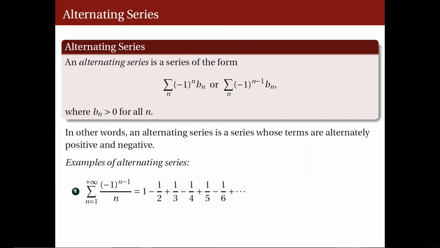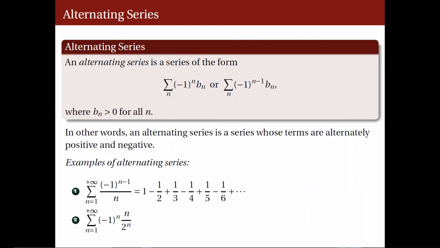Makikita natin na nagpapalit ang signs dito from each term to the next term. Moreover, para sa example na ito, b sub n is equal to 1 over n, which is positive for all n greater than or equal to 1. Kaya ito ay isang alternating series.